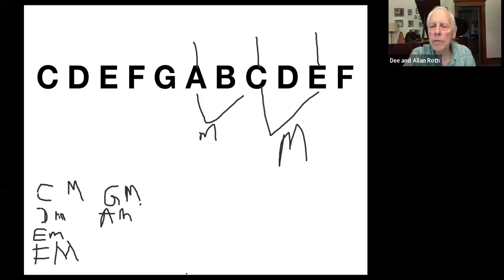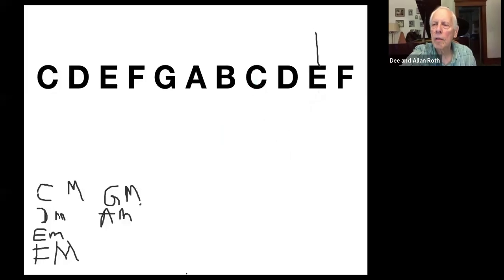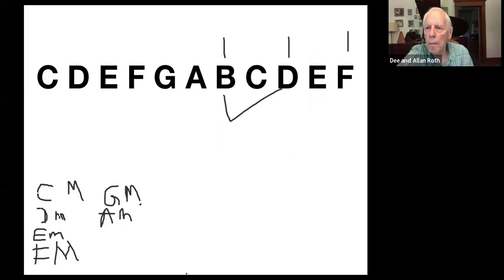Okay, and that leaves B. As you remember, the fifth from B to F was the only fifth in the scale that was not a perfect fifth. That was a diminished fifth. So let's take a look at the triad that we build on B. B, D, F. B to D, minor third. D to F, minor third.